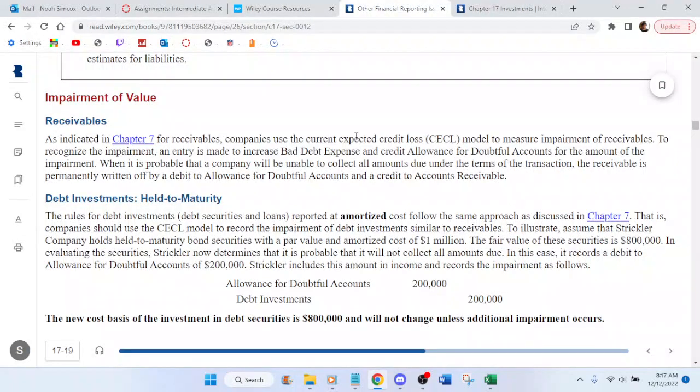Impairment of value. Okay, so this one's confusing. For impairment of value of debt investments, it's weird.